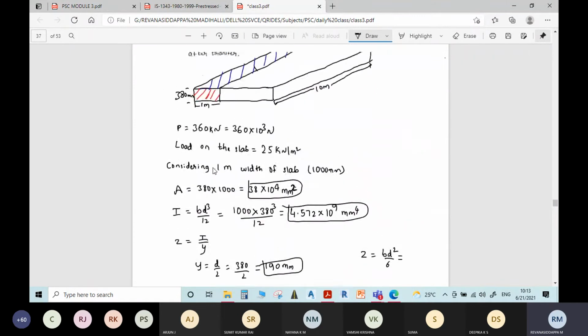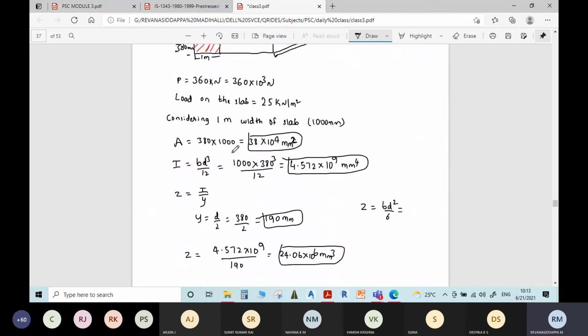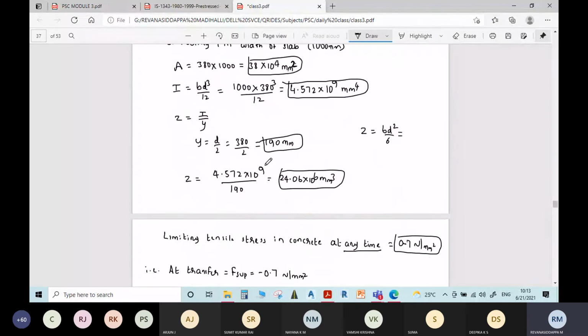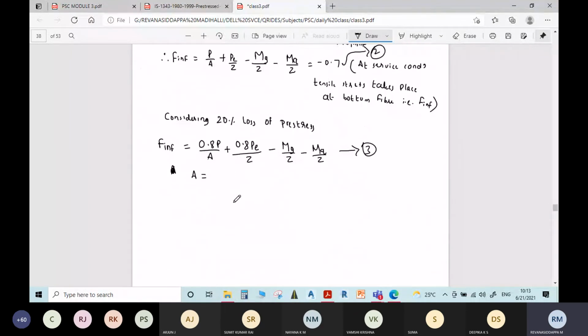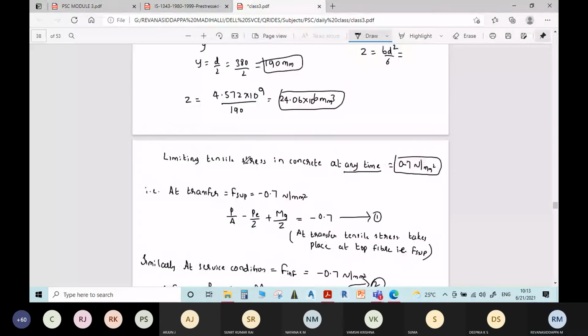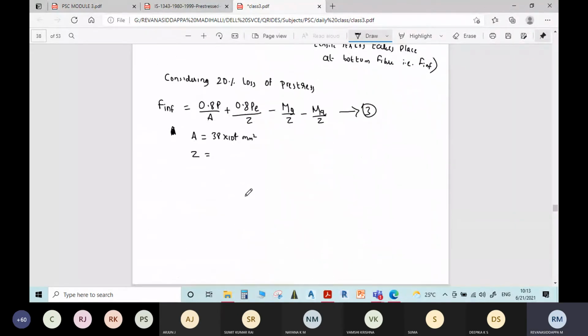It is 1 meter by 380 mm, that area we have calculated already, 38 into 10 power 4. And Z is known, that is 24.06 into 10 power 6 mm cube.